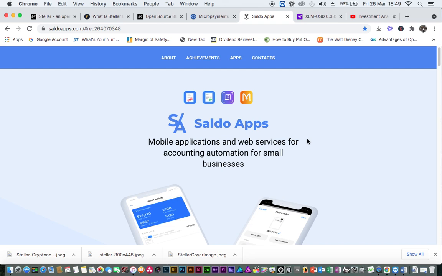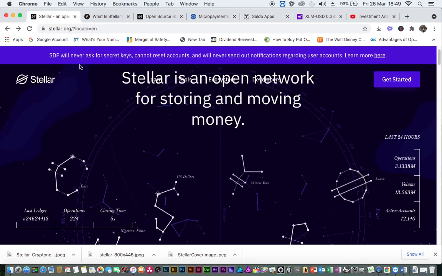Okay, moving on. Let's talk about Stellar Lumen mining. Lumen cannot be mined. Instead, the supply of Lumen is controlled by Stellar. What do I mean?